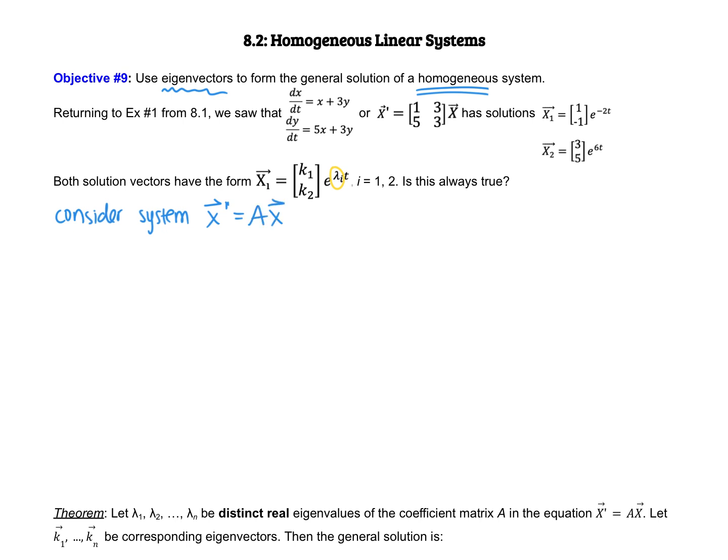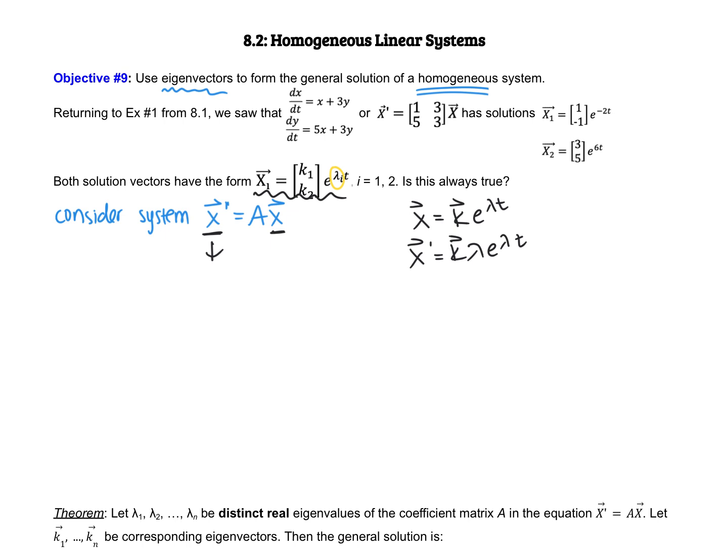Well, we need an expression for this x prime and this x. So let's look at this general solution that we have above. That general solution we said is some vector k times e to the lambda t, which means x prime then is going to be k lambda e to the lambda t.